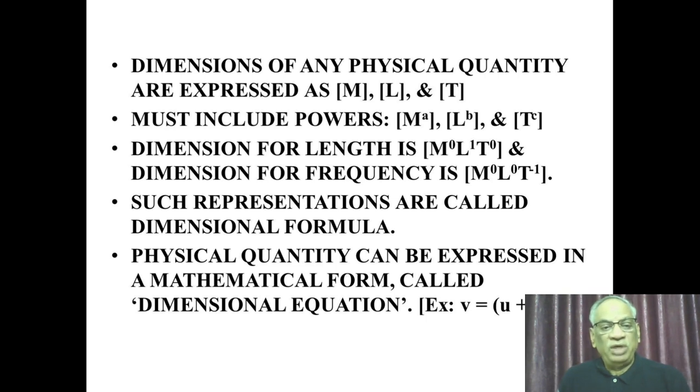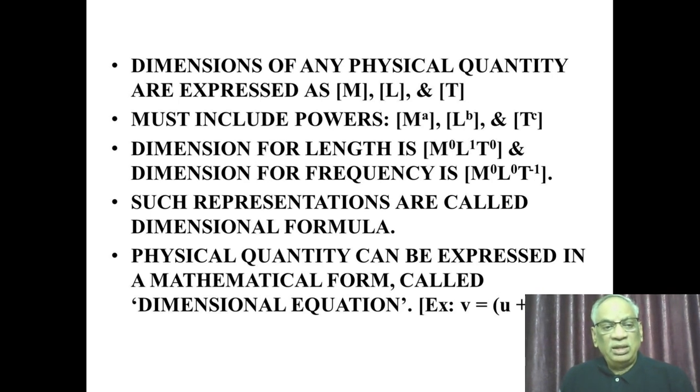Similarly for frequency, that is cycles per second, per second is the unit used. Its dimension is M to the power of 0 because mass is not there, L to the power of 0 because length is not there, and time is in the denominator, so it is T to the power of minus 1. This is how we designate the dimensions for a physical quantity.